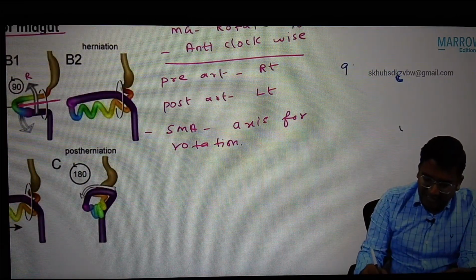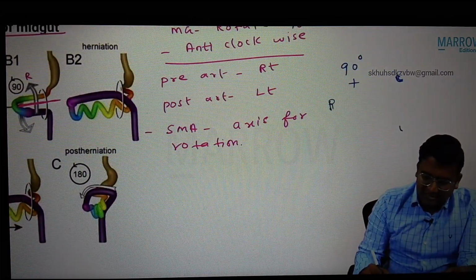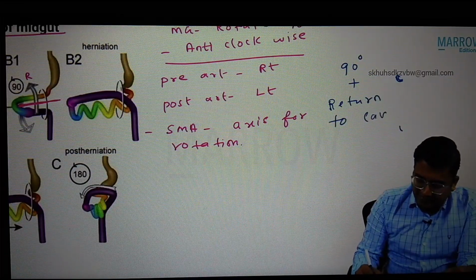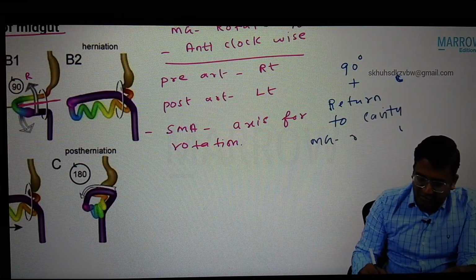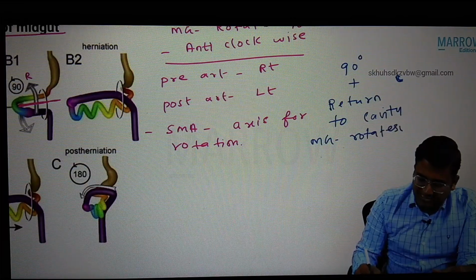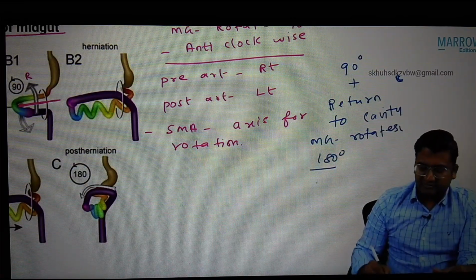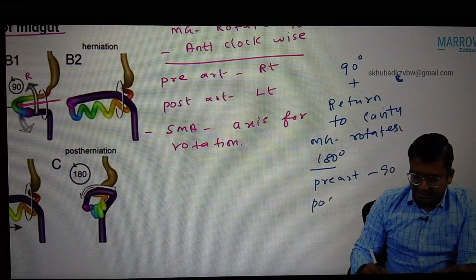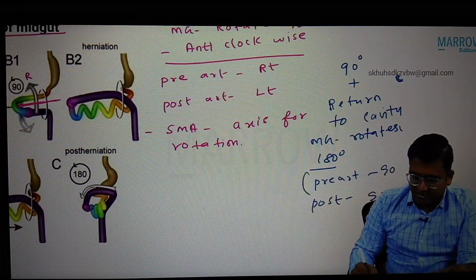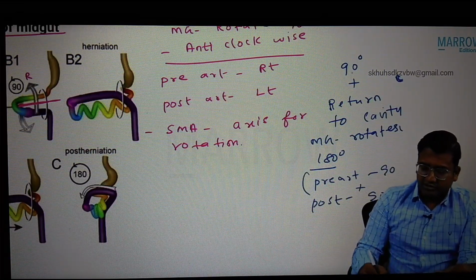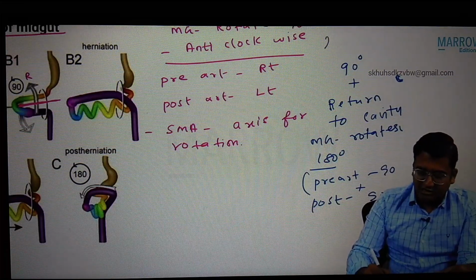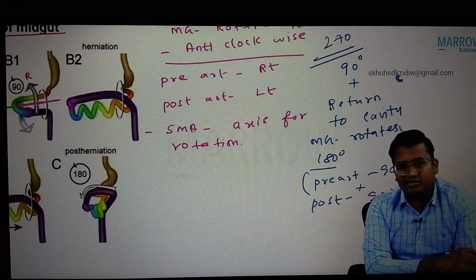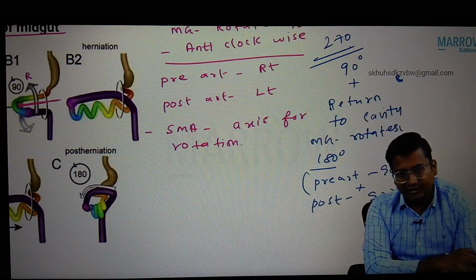So already the 90 degree rotation is over, plus while returning into the cavity, the midgut loop rotates 180 degrees. Pre-arterial segment 90 degrees, post-arterial segment 90 degrees, totally 180. So 90 plus 180, totally the midgut rotates 270 degrees in the counterclockwise direction.